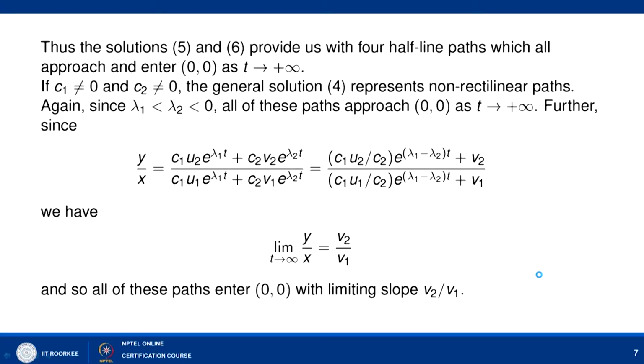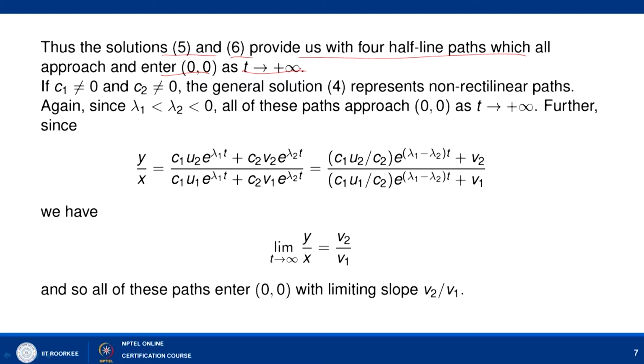Now, the solutions 5 and 6 provide us the 4 half-line paths, which all approach and enter the origin as t tends to plus infinity. Now, let us assume that none of the constants C1 and C2 are 0.